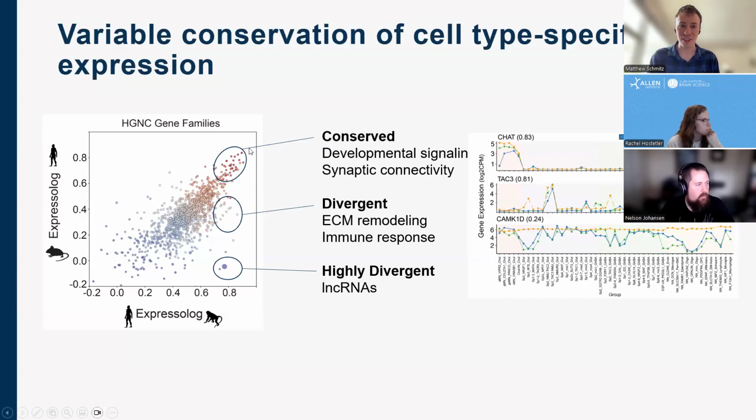We find conserved families like CHAT, which are related to signaling and synaptic connectivity. We see divergent things like extracellular matrix, and very divergent, really the standout is lncRNAs.